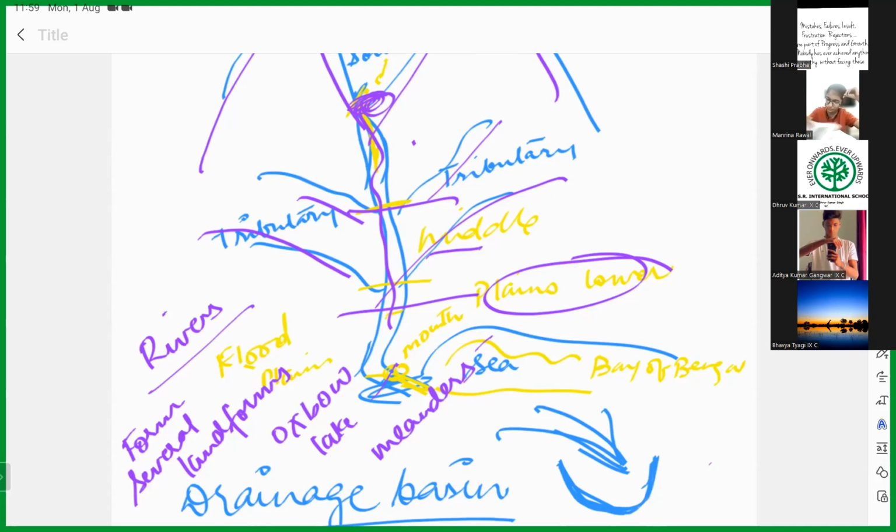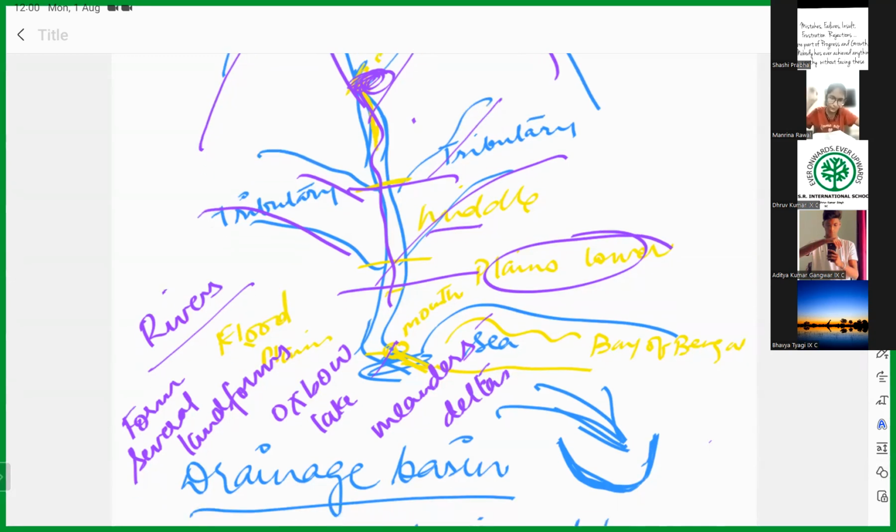See, in the lower course, the river is tired of traveling such a long distance, and it starts depositing all the sediments brought by the river in its due course, and ultimately it forms Oxbow Lakes, meanders, then deltas. Fine. All these landforms are made by the river in the lower course. Clear to everyone? Yes, ma'am.